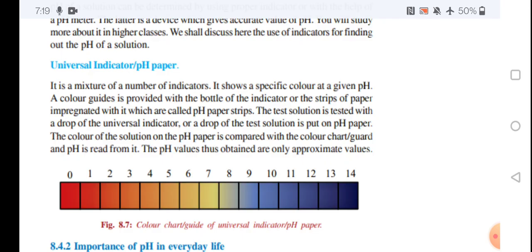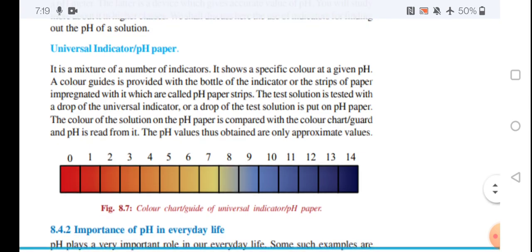0 is a dark red. It goes on decreasing in color. At 7 it becomes neutral, yellow, and from 7 it moves towards blue. At 14 it is a dark blue. Universal indicator or pH paper is a mixture of a number of indicators.